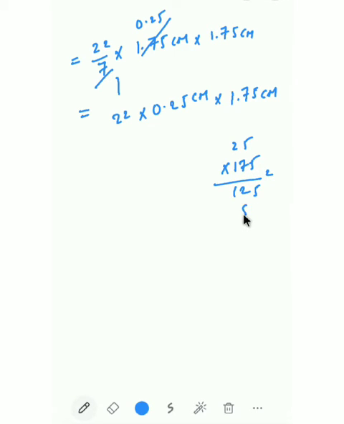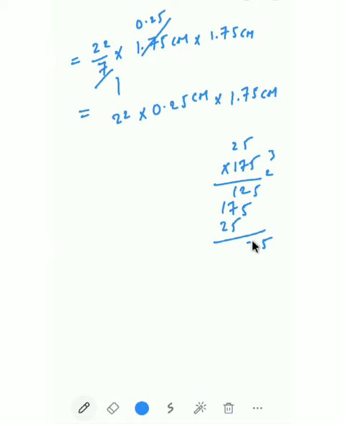5 5 is 25, 5 2 is 10, 12; 7 5 is 35, 3 carried, 7 2 is 14, 15, 16, 17. Once again we shall check: 5 5 is 25, 5 2 is 10, 125, and 7 5 is 35, 5 here, 3 carried, 7 2 is 14, 15, 16, 17, and the remaining 25 as it is.